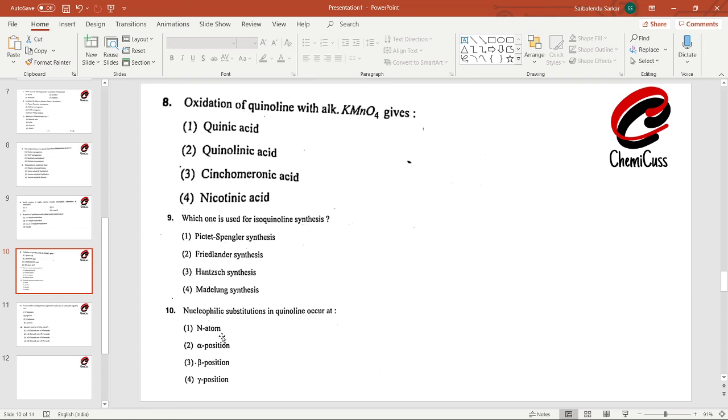Next, question number 10: nucleophilic substitution in quinoline occurs at which position?